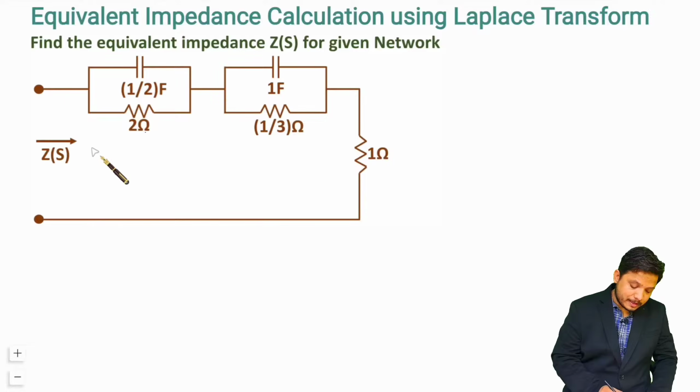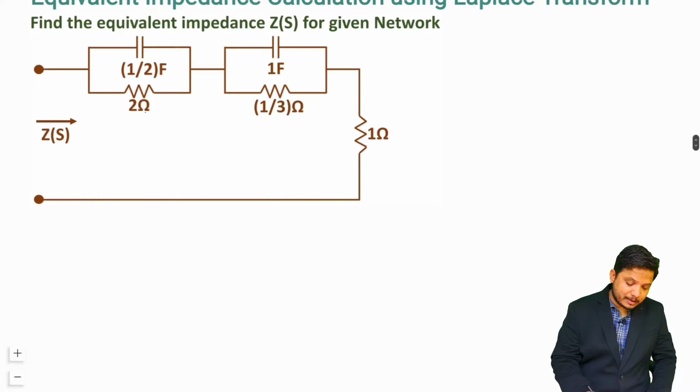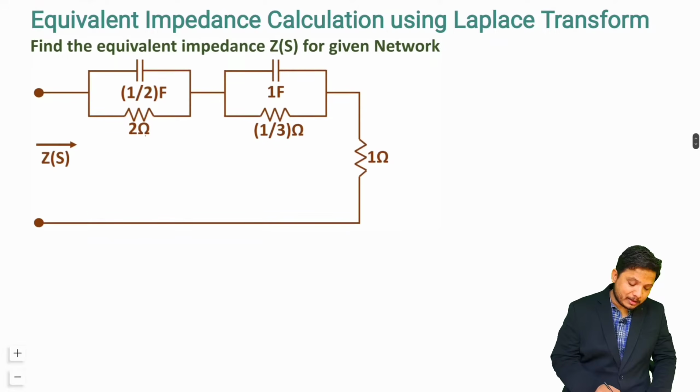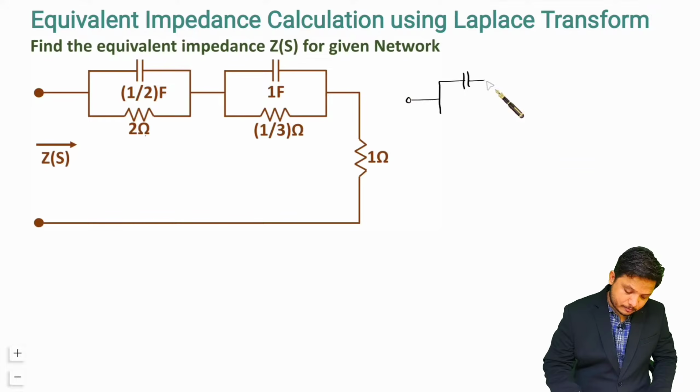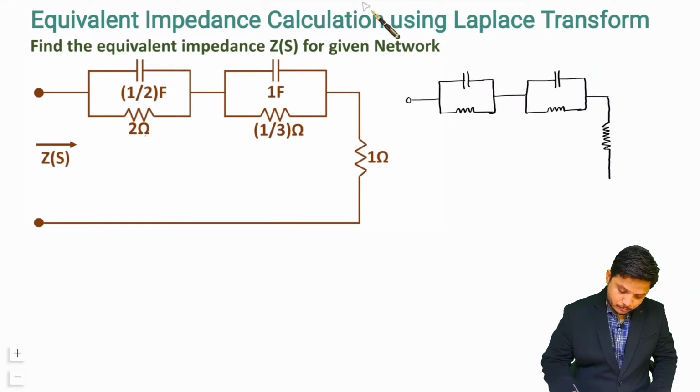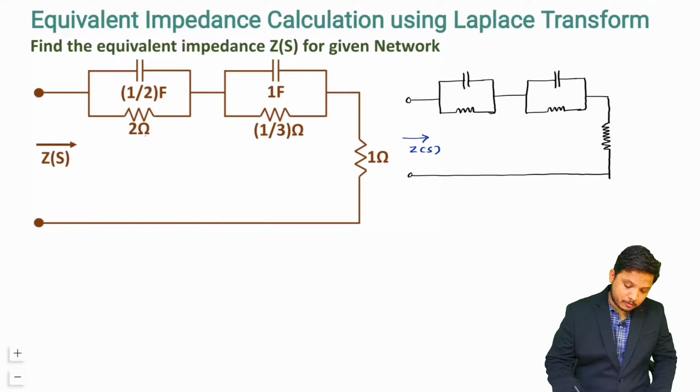Now, when you want to calculate equivalent impedance Z of S, you will have to replace all the elements in terms of the Laplace domain. So let me redraw this circuit. After that I'll explain how to substitute the Laplace equivalent of these elements. Now I have redrawn this circuit, and we have a capacitor and resistors.